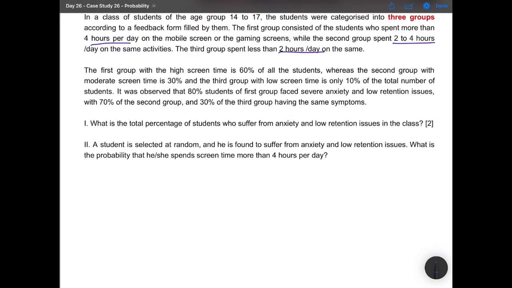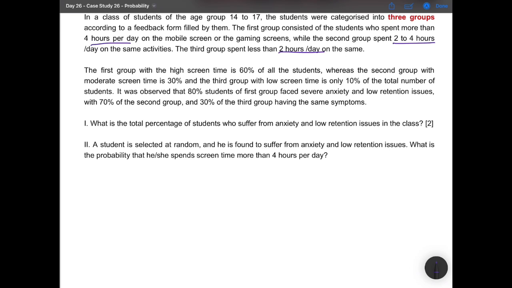The first group with high screen time is 60% of the students, whereas the second group with moderate screen time is 30%, and the third group with low screen time is only 10% of the total number of students.